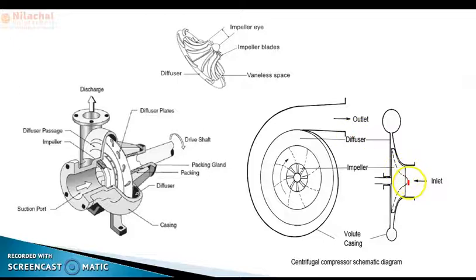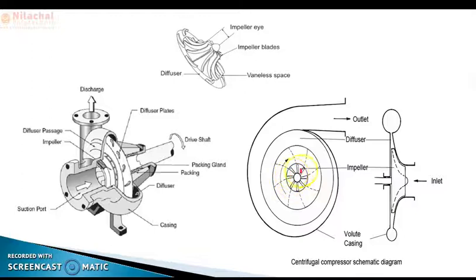Now you see, at the inlet, generally you are using a nozzle, and all of you know that the nozzle converts the pressure energy to kinetic energy. The nozzle is fitted to the impeller, and this impeller shaft is connected to the motor.